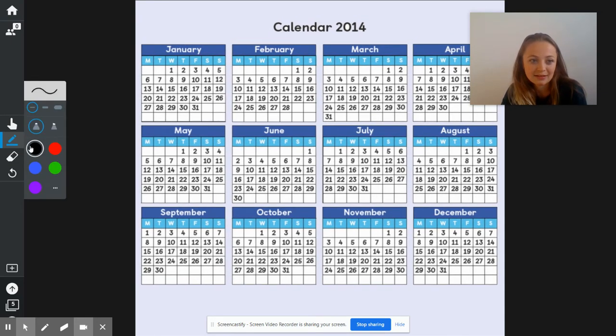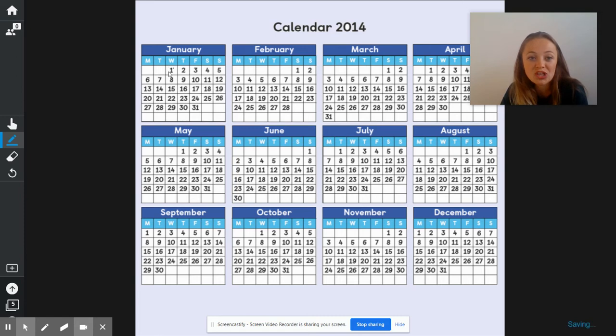The 1st of January over here, which was a Wednesday. Then we'd go all the way through all these weeks in January until we end it. The 31st of January was a Friday, which means when we finish January, we go on to the 1st of February, which must be a Saturday because it comes after Friday and it goes all the way through.